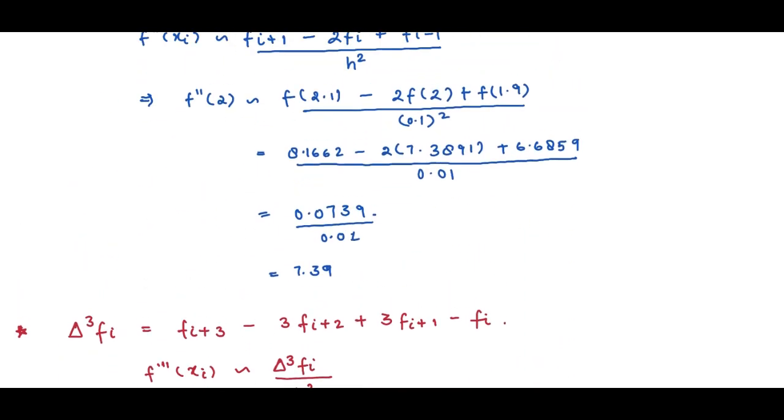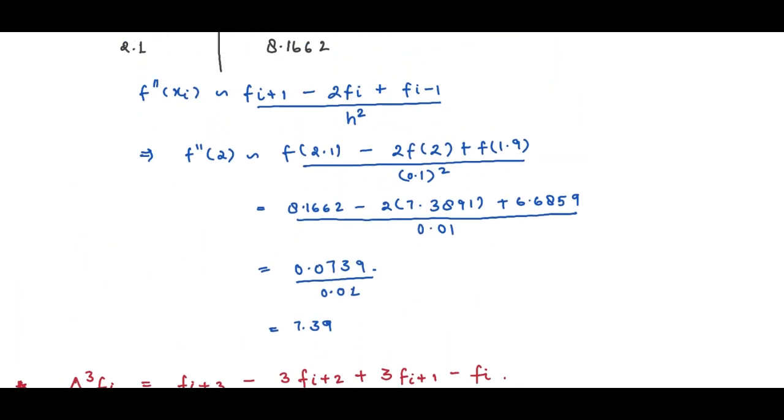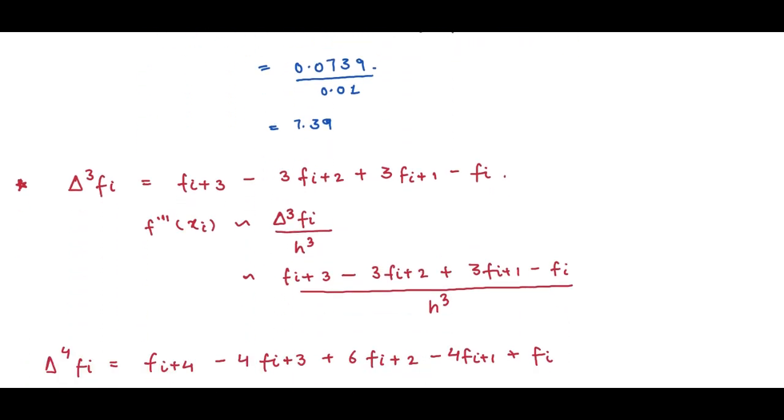Now let's make one distinction very clear. When we say higher order derivative, we mean derivatives such as f double dash, triple dash, or fourth. So don't confuse this with the order of accuracy. For example, f double dash xi equals fi plus 1 minus twice of fi plus fi minus 1 divided by h square is a second derivative, but its truncation error is of order h square.